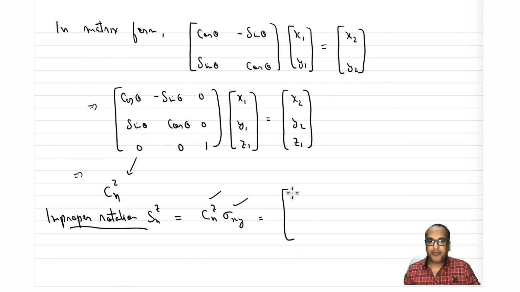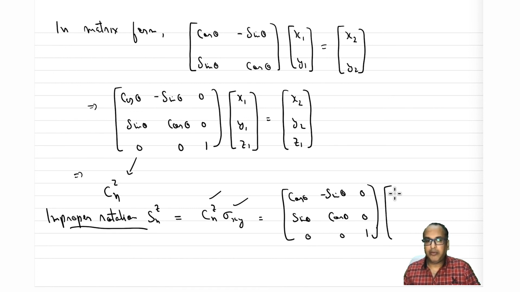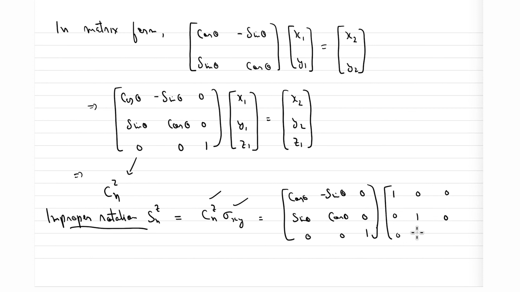So we have cos theta, minus sine theta, 0; sine theta, cos theta, 0, and x and y unchanged, and z goes to minus z, right?